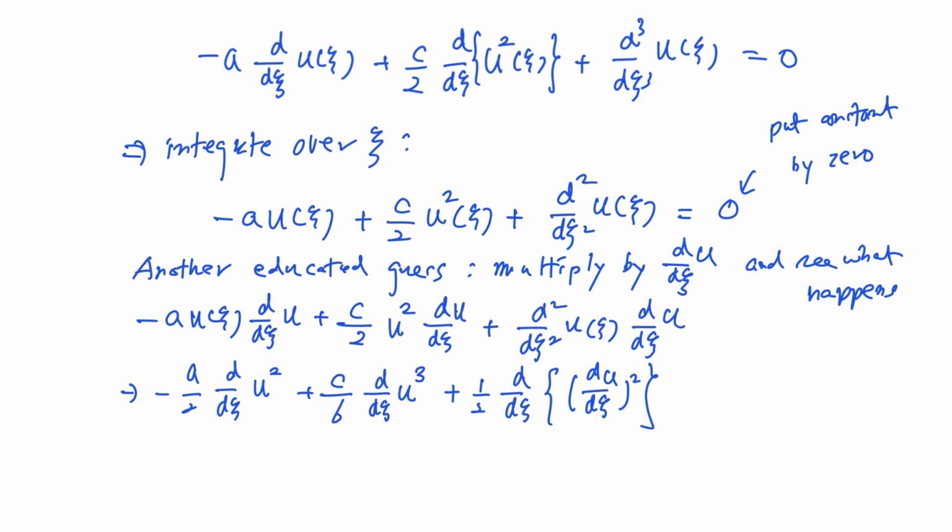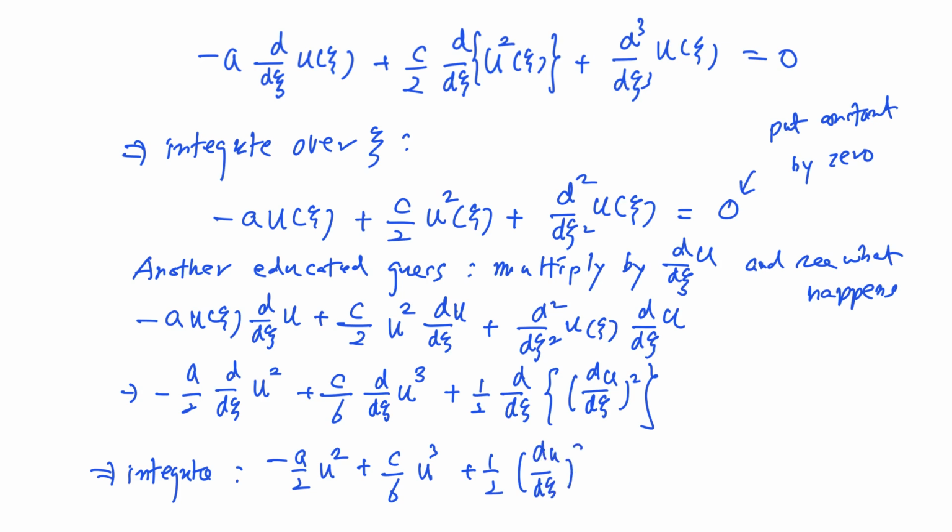So what I have been doing is just trying to get the simple derivative form. Then we can integrate this over, right? Integrate. Minus a over 2 u square c over 6 u cube plus 1 over 2 t psi t u square equal to 0 again.